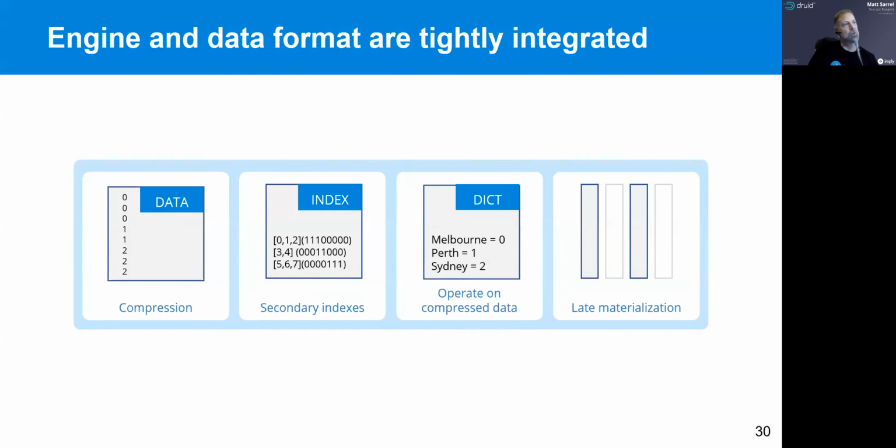This is what I've been trying to hint at the whole time, and I have to give a hat tip here to Gian, who told me to go ahead and use his slides because he explained this so well. It's super important to understand with Druid that your ingestion, your query engine and your data format are all tightly integrated.